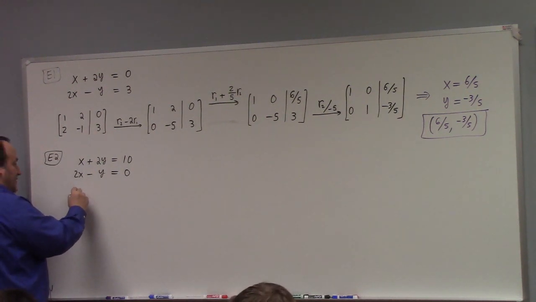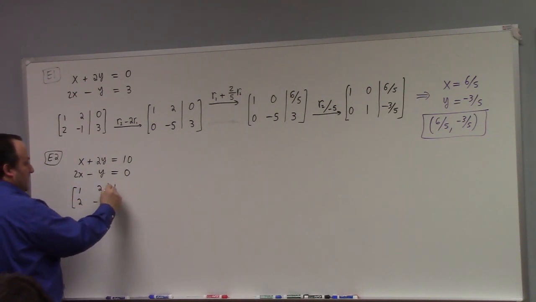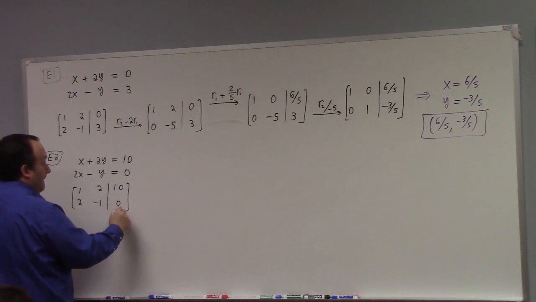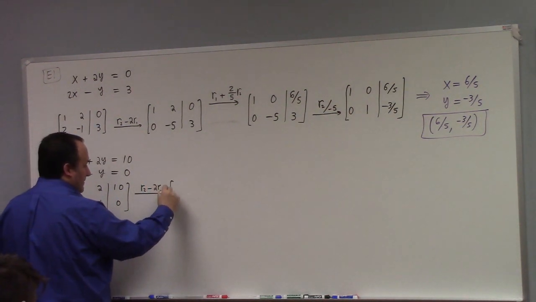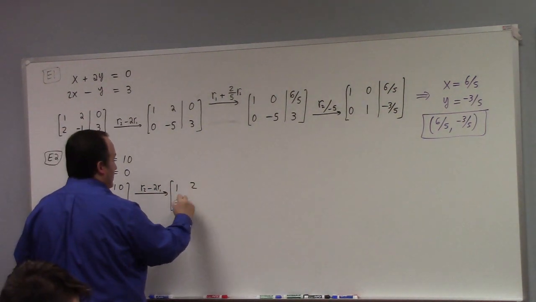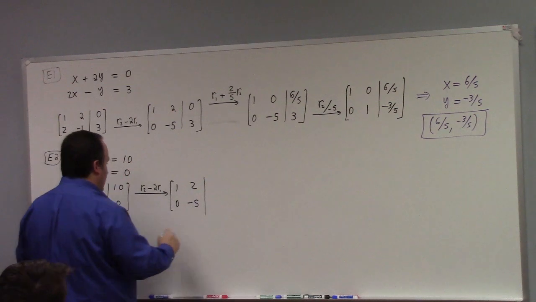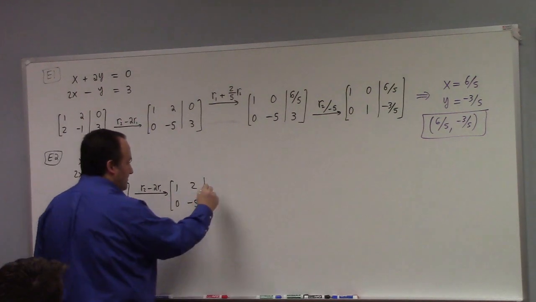So I start with 1, 2, 10, 2, minus 1, 0. I'm going to do row 2 minus 2 row 1. That's going to give me 1, 2, 0, minus 5. Let's see here, what happens in the last column? 10 minus 20.